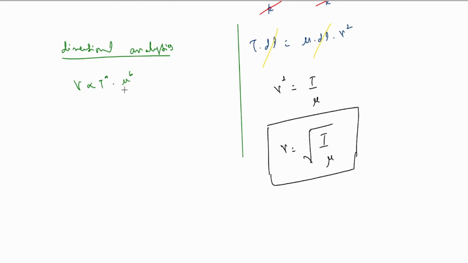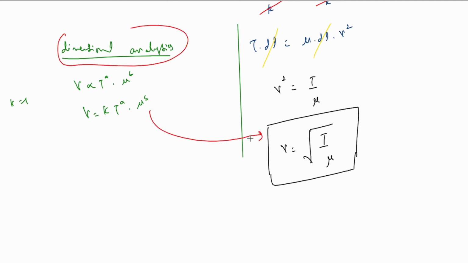Solve from here, with the constant taken to be k in this case, so k into T power a into mu power b. Put the constant k equal to 1 and you get the same answer. This is a simpler way of solving for the same expression, and the previous one is a more general or more rigorous way of solving it, because there we know what the constant would be.